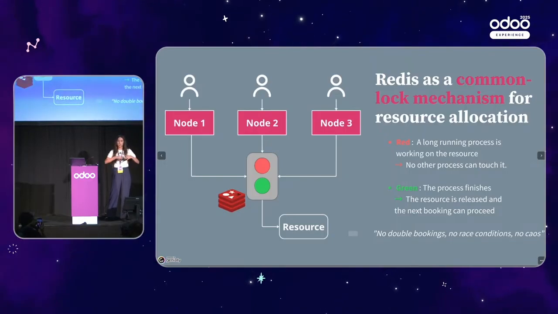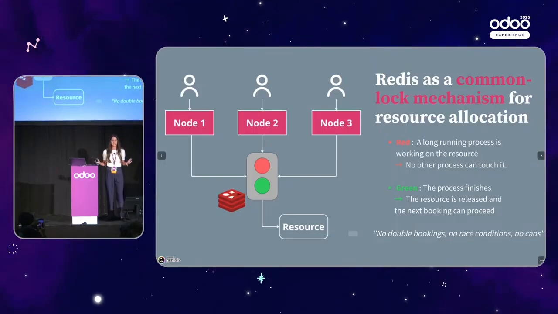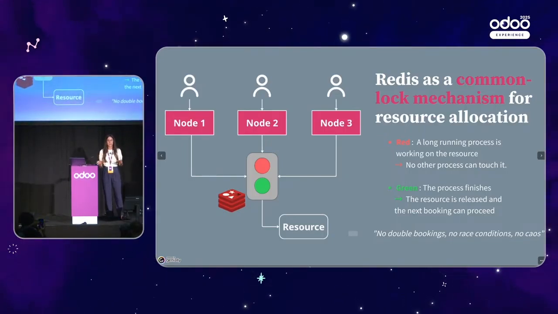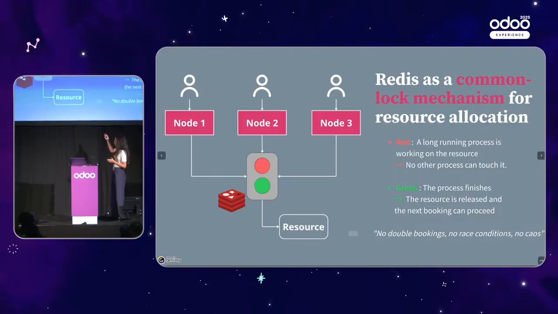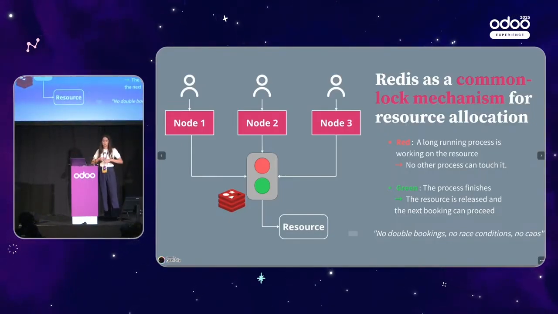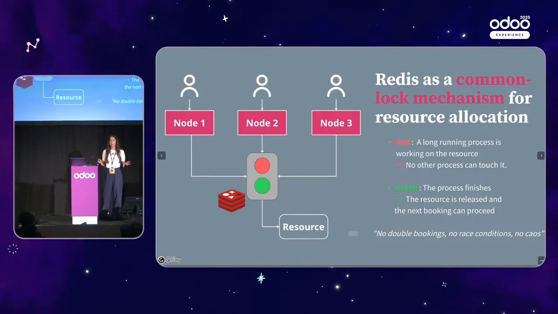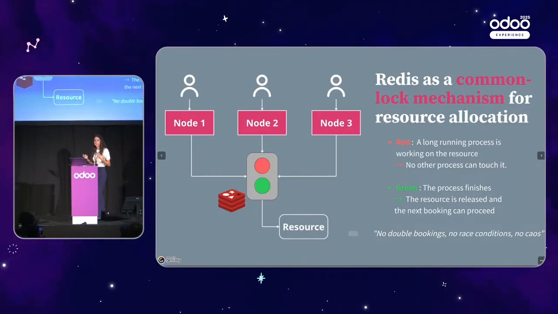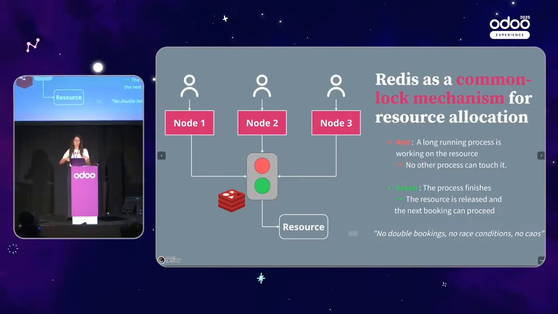This means there's a process going on, we cannot touch this resource, wait until it's finished. Once it's finished, we turn the light green. This means the process is finished, the next booking can come in. This is much more efficient than a database field, and it makes sure that multiple systems can interact without any double bookings, race conditions, or any chaos when updating a field.